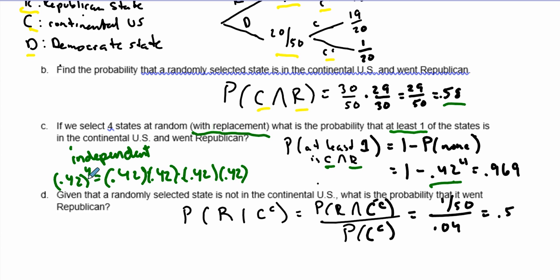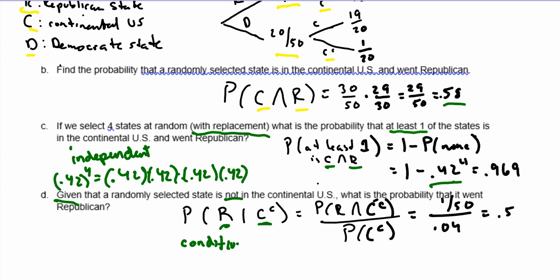Finally, now we're talking about conditional probability. Given that a randomly selected state is not in the continental U.S., what's the probability that it went Republican? This is known as conditional probability.